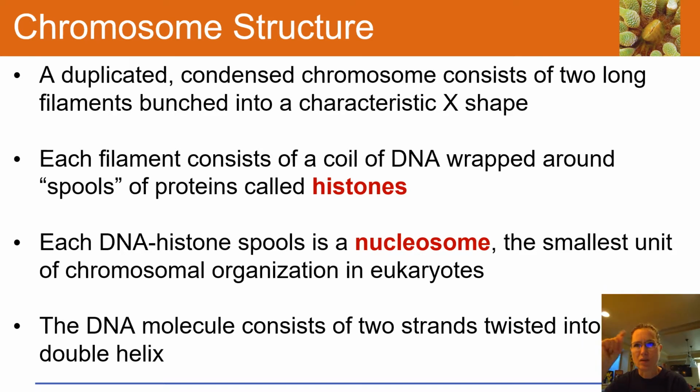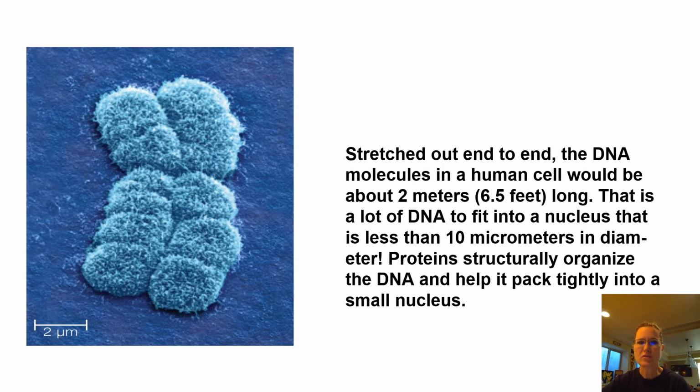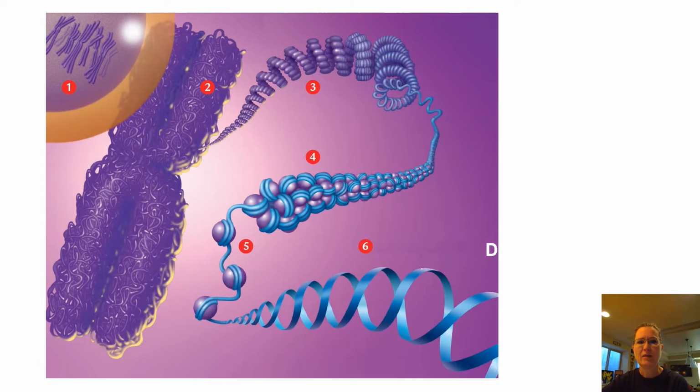It helps the DNA wrap onto something and then coil up and condense into that shape. Just a picture, pretty cool. And then this shows you sort of from what we think of as a double helix up into the structure of an X-shaped chromosome, how they wrap and coil and condense. The little purple spheres next to the little number 5, those are histones.